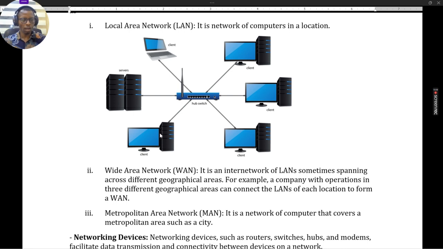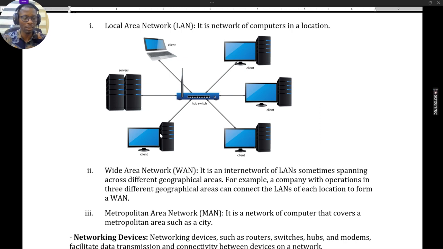But somebody in Port Harcourt needs to generate a report based on something that somebody in Lagos or Ile-Ife has actually done. That means the three offices have to be connected. So connecting the three offices, which are on different networks, has made up a wider network, which is called a wide area network. So it could be as small as that, it could even be more complex.